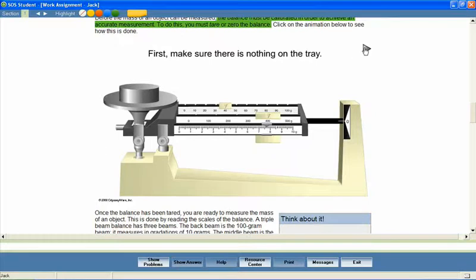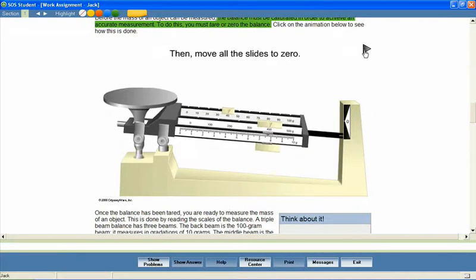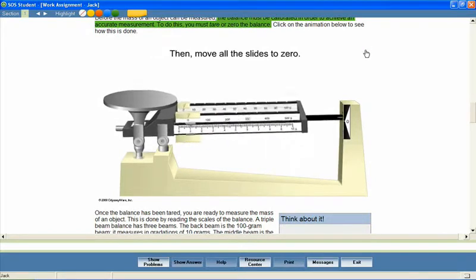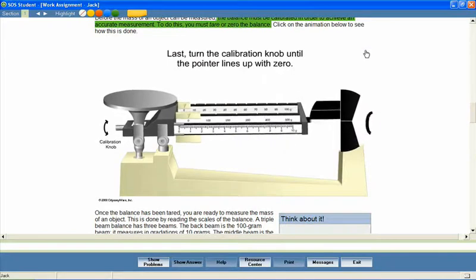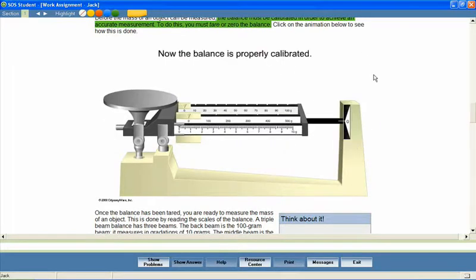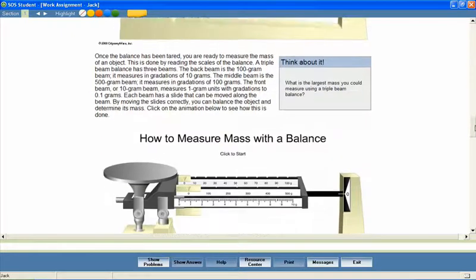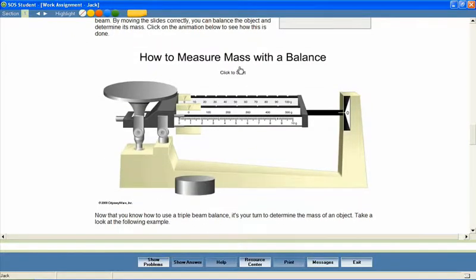This animated slideshow provides interactive instruction on how to calibrate a balance. The next slideshow provides instruction on measuring mass with a balance.